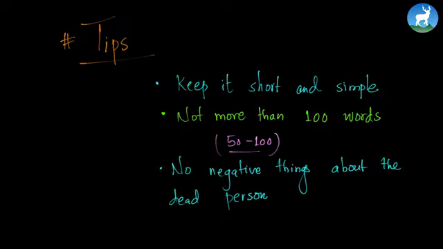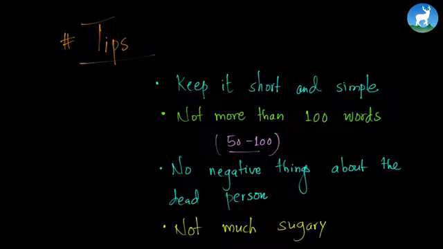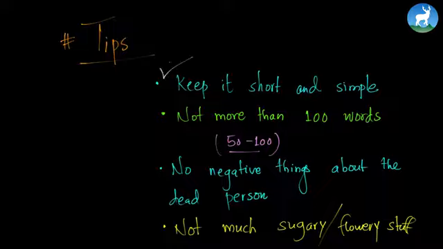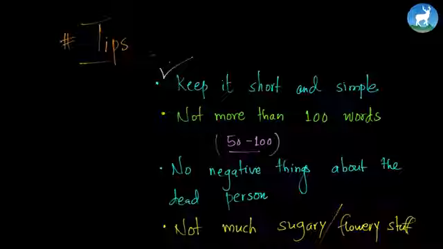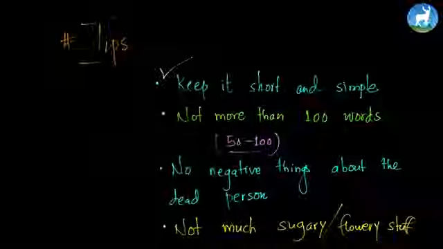That doesn't mean you are going to write all very sugary stuff. Not much sugary or flowery stuff. So don't be too sweet. Don't be too flowery. Do not use a lot of adjectives. Do not use a lot of adverbs. You always used to smile nicely, and God, that is the worst sentence I've ever said.